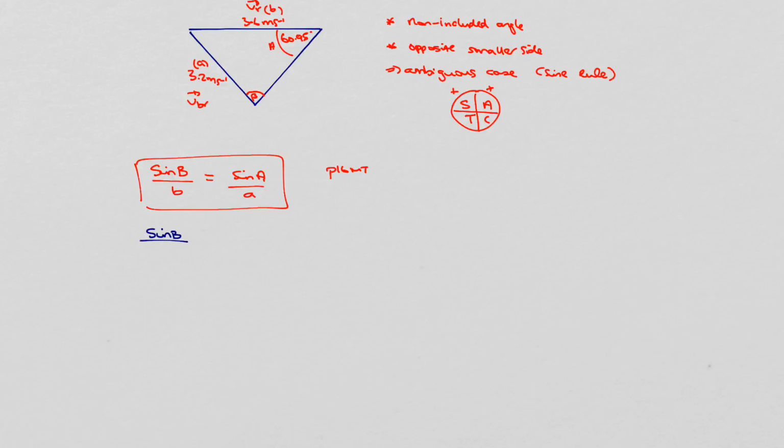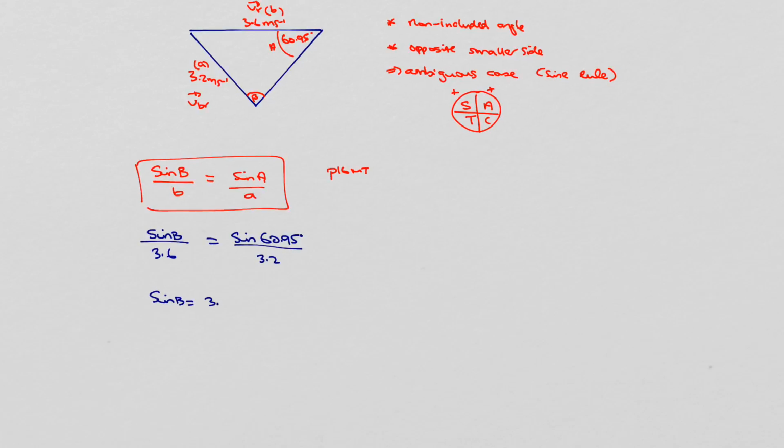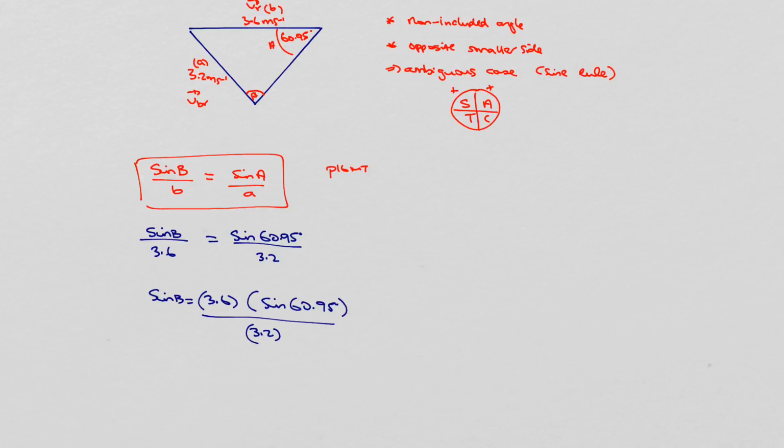So we have sine B over 3.6 is equal to sine A, which is 60.95, over 3.2. And therefore sine B is equal to 3.6 times sine 60.95 degrees over 3.2.